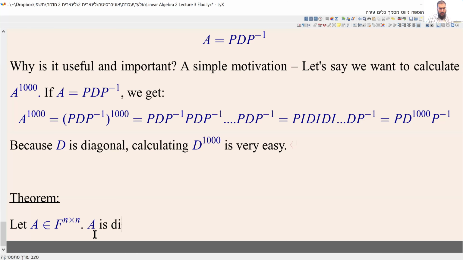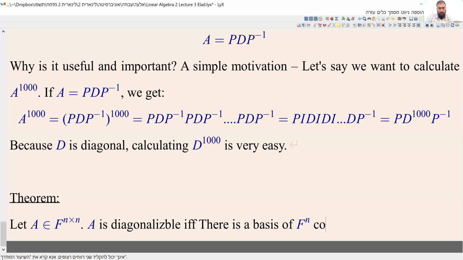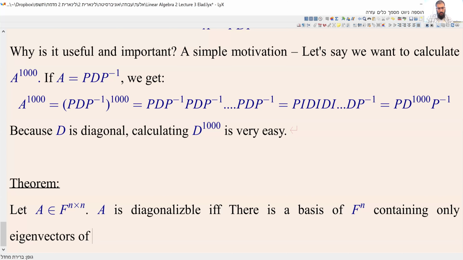A is diagonalizable if and only if there is a basis of Fn containing only eigenvectors of A.